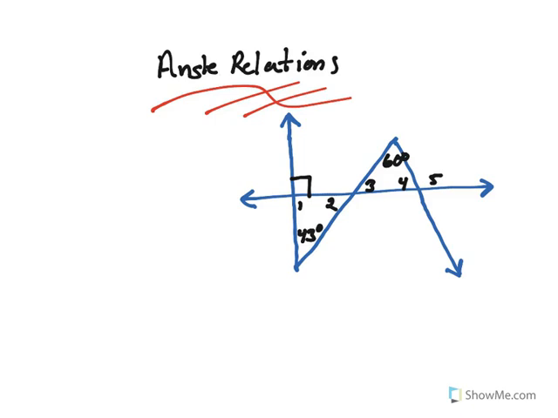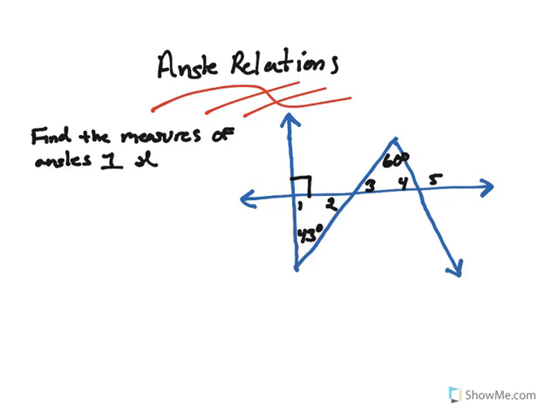So we want to find the measures of angle 1. So this is what we're going to find. We're going to find the measures of angles 1 and 5, or 1 through 5 actually.